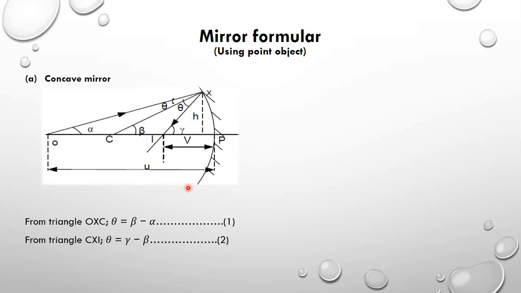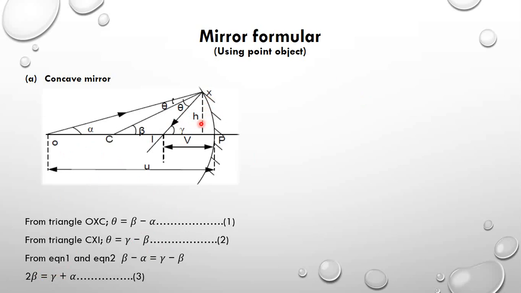Now if we equate the two equations, we shall have beta minus alpha being equal to gamma minus beta. And if we make beta the subject, we shall have twice of beta equal to gamma plus alpha. Now we are going to replace for beta, gamma, and alpha.